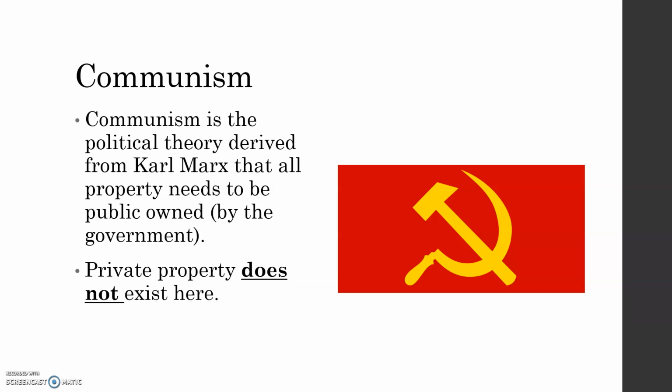And if you don't know what communism means, it's the political theory derived by a man named Karl Marx, where everything in a country should be publicly owned, meaning the government owns everything. Your house, your park, your school, your roads, your car, the factories, the stores, all of it. The idea of owning something doesn't exist in a communist country or in a command economy.